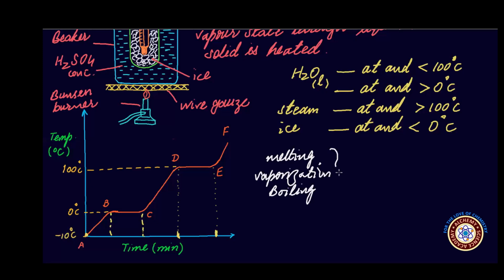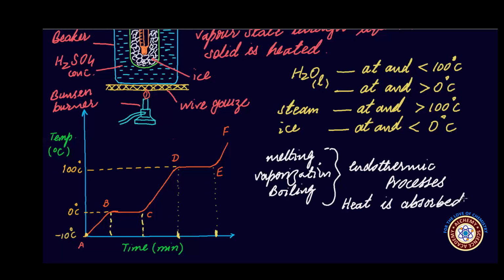All these three processes require thermal energy, hence they are endothermic processes. They are endothermic processes, meaning during these processes heat energy is absorbed, heat energy is taken in by the state of matter.